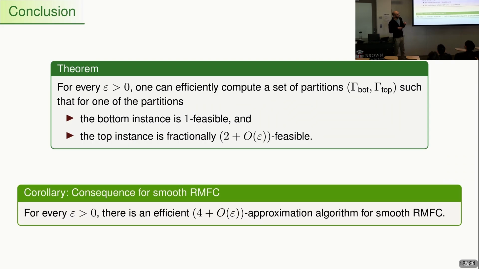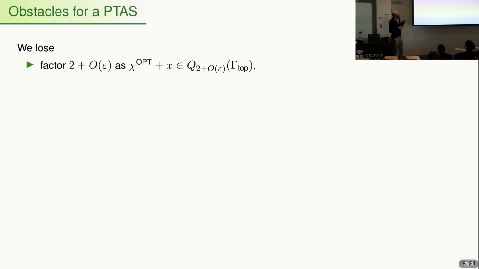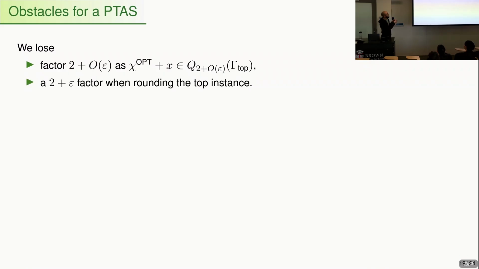But the main obstacles to improve it: we have lost a factor of 2 in the construction of the fractional solution, and then we only have an integrality gap of roughly 2.